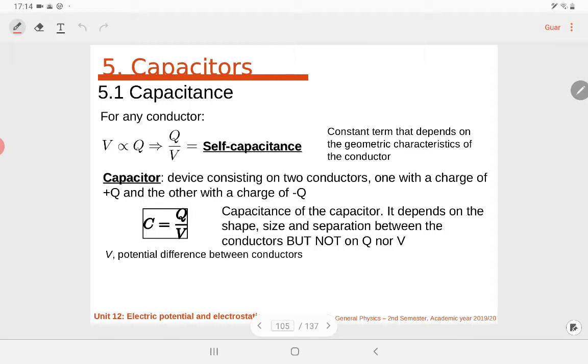And this capacitance, which we define as the ratio between the charge and the potential difference, is a constant that only depends on the shape, size, and geometrical characteristics of the capacitor, but not on its charge, nor on its difference of potential.